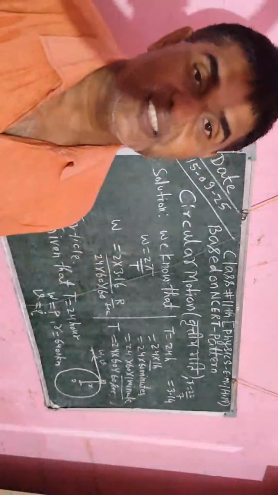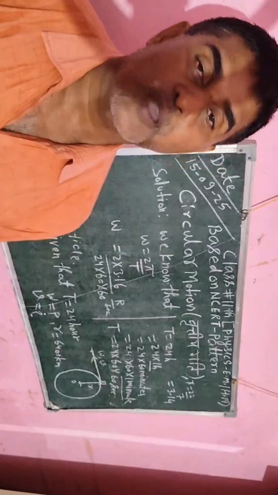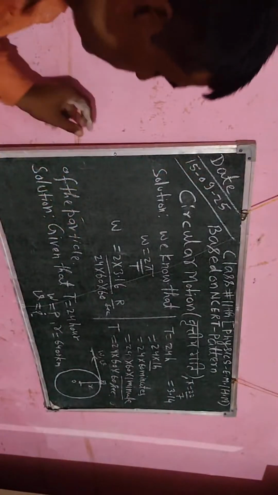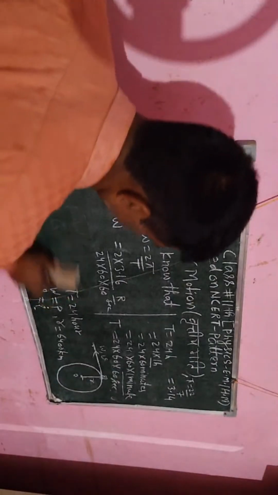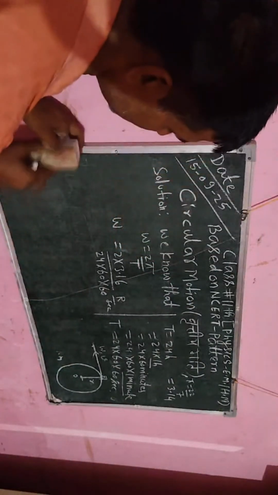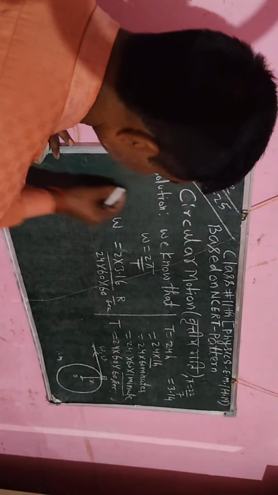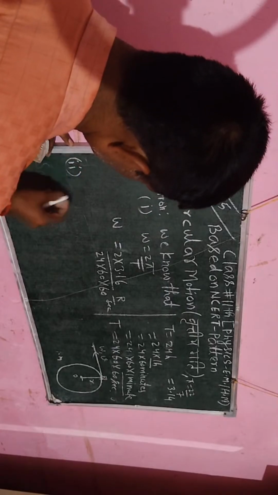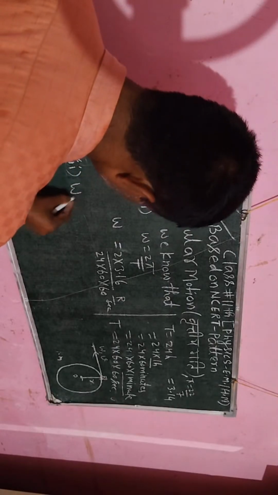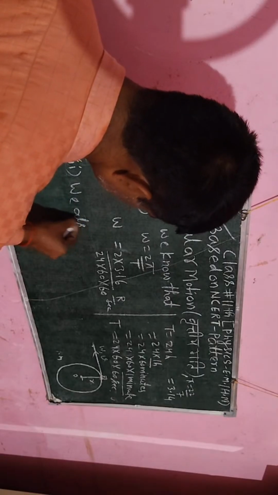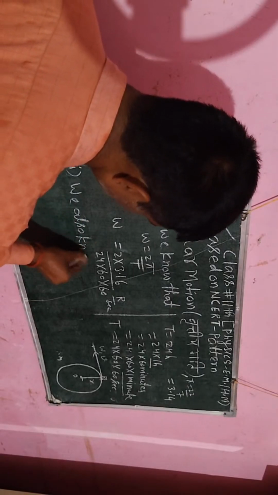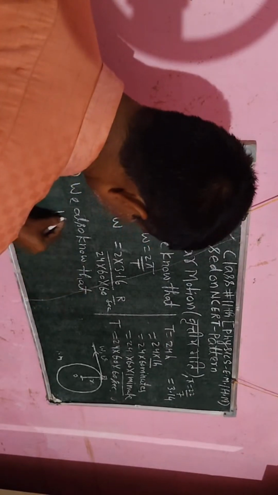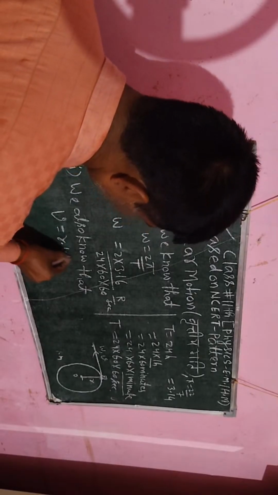So I have calculated the angular velocity with the help of the above formula, omega is equal to 2 pi by T. I hope that you are understanding it in a very easy way. Now again I will calculate the linear velocity, and I will write it in the second case. We also know that v is equal to r into omega.